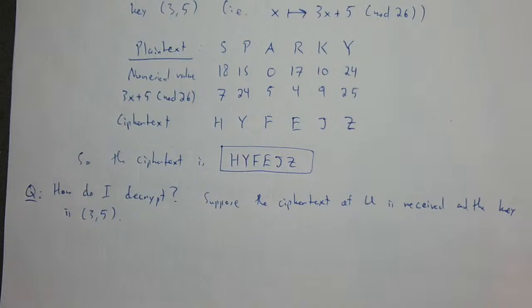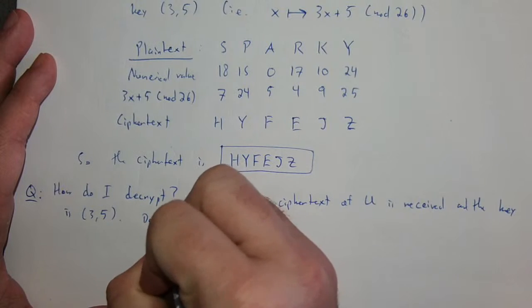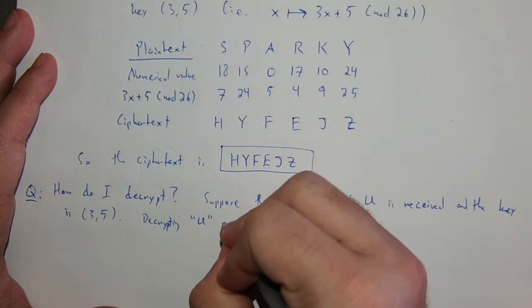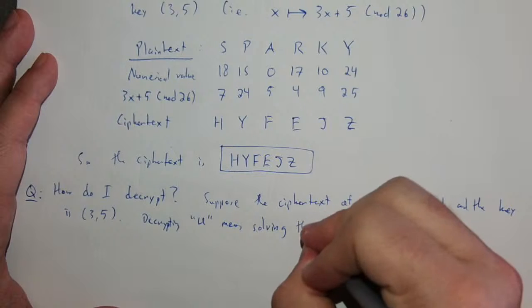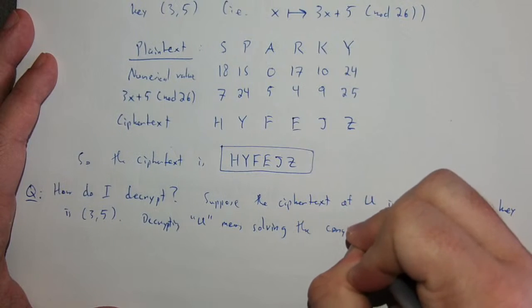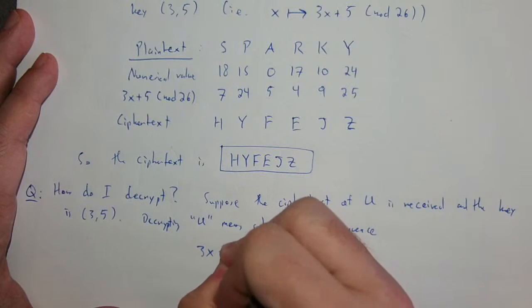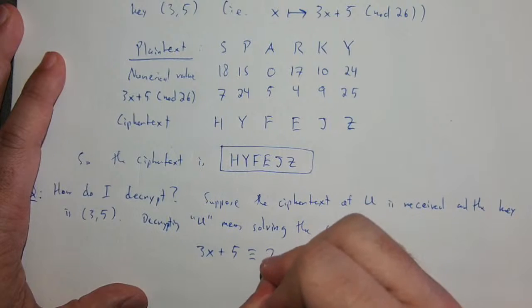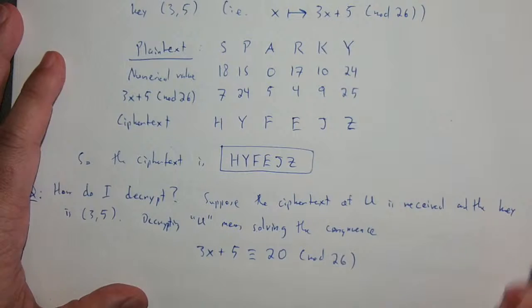And so decrypting U means solving the congruence 3x plus 5 is congruent to 20 mod 26.